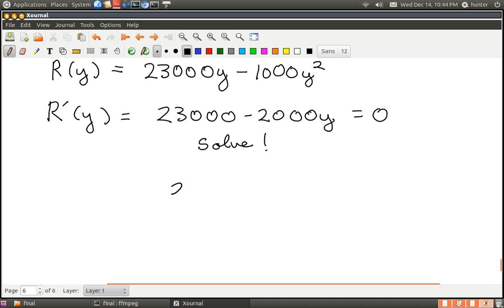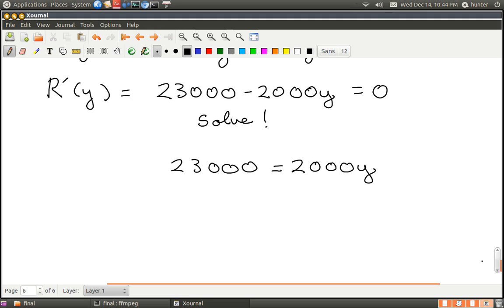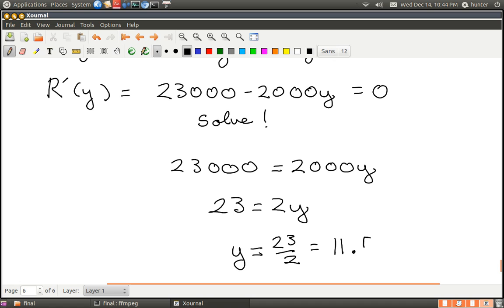Let's do it like this. 23,000 is equal to 2,000y. And let's stop torturing ourselves with these thousands. Divide both sides by 1,000, and you get 23 is equal to 2y. Divide both sides by 2, and you get y is equal to 23 over 2. Aha! And all along it was our old nemesis 11.5.